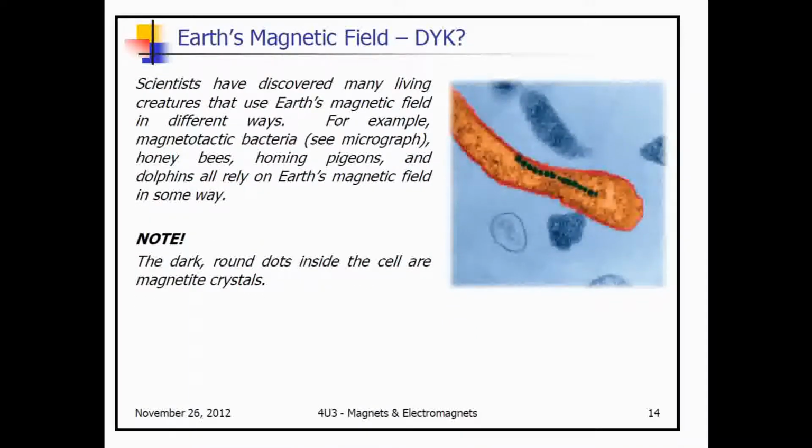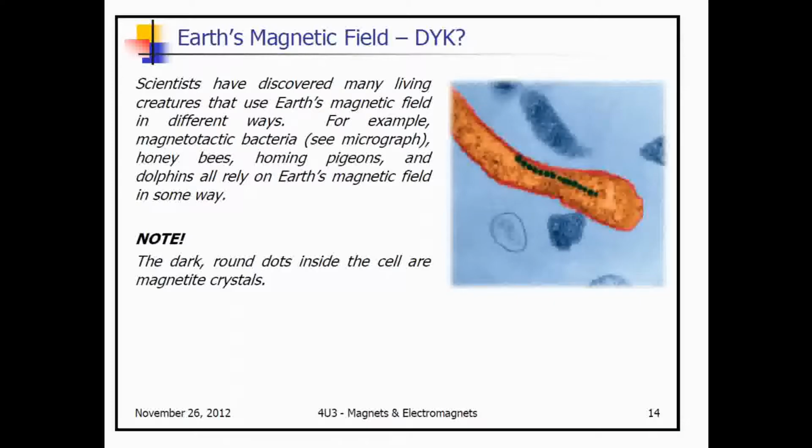Another thing that's interesting about magnetic fields is there are actually animals that use the Earth's magnetic field. Bees, homing pigeons, and dolphins have organs that detect magnetic fields. One of the smallest is a magnetotactic bacterium.